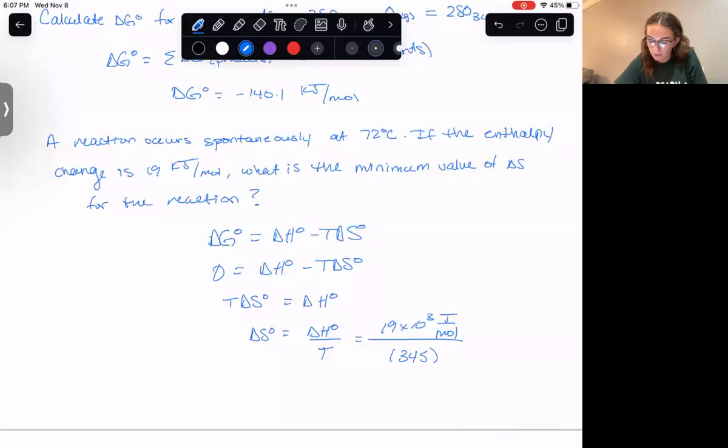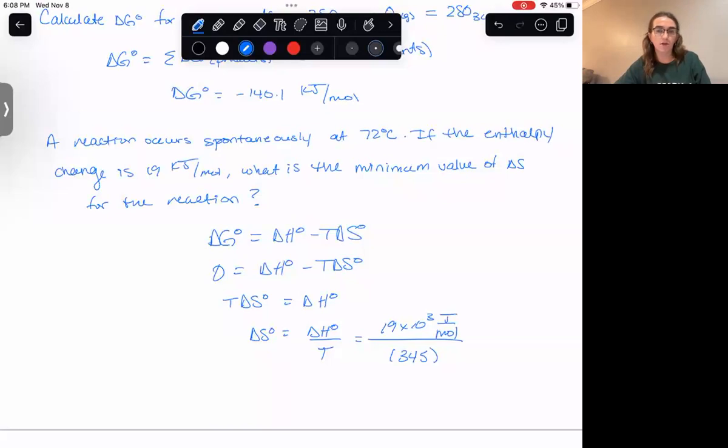Good question, Francesca. We're going to set it equal to 0 because when a reaction becomes spontaneous, delta G is equal to 0. It's right at that equilibrium portion. You can go either positive or negative from that 0 point, depending on temperature. The temperature at which it becomes spontaneous is the moment it's at equilibrium, and at equilibrium delta G will be equal to 0.